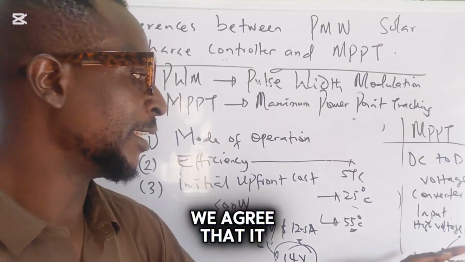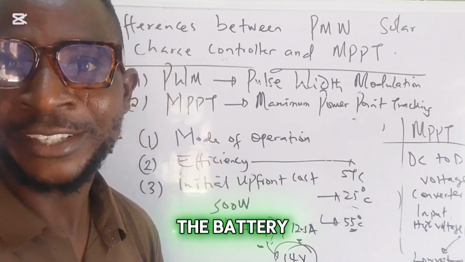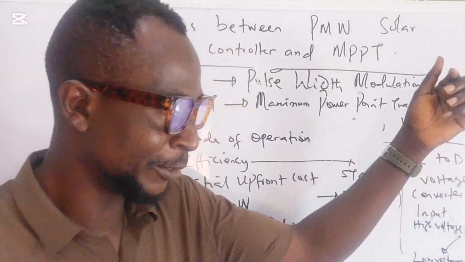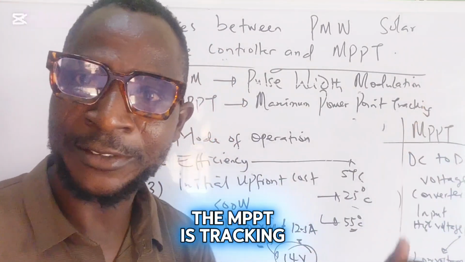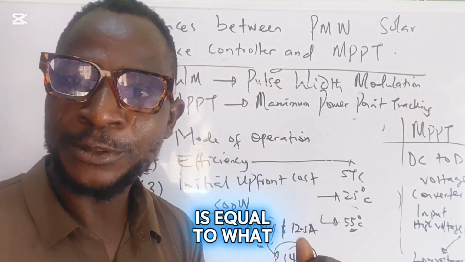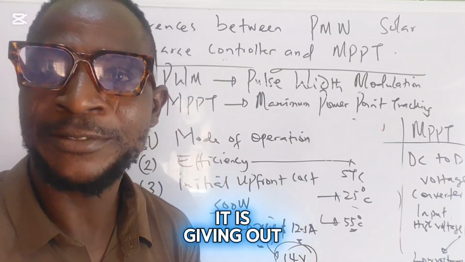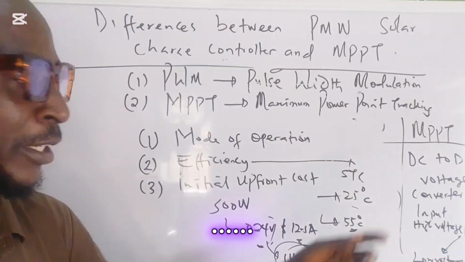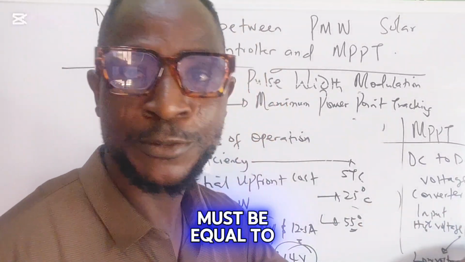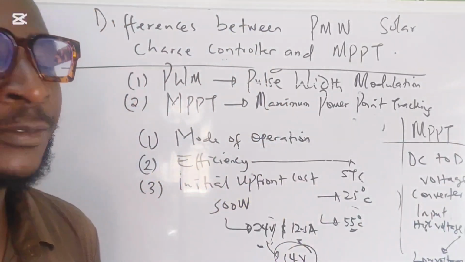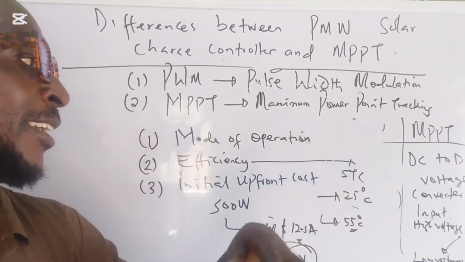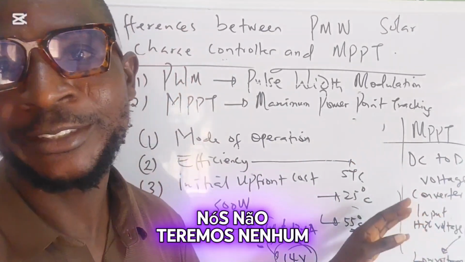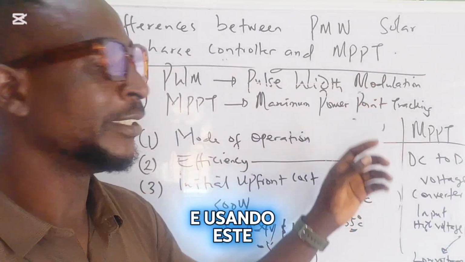At the end, we agree that it is the battery that charges the current. So if what the MPPT is tracking from the panel is equal to what it is giving out, we say the principle of conservation of power holds. Input power must be equal to output power. Please, with this, I believe we will not have any issue using this.